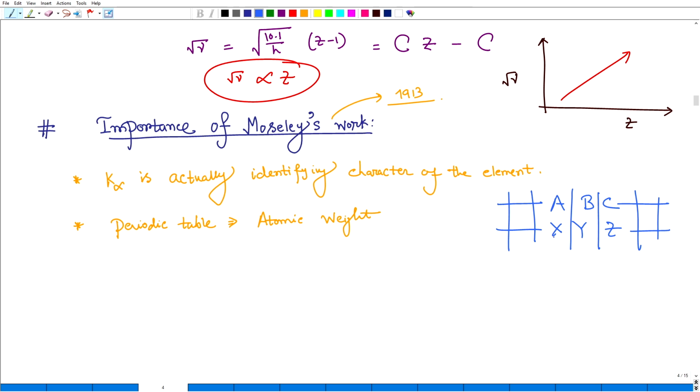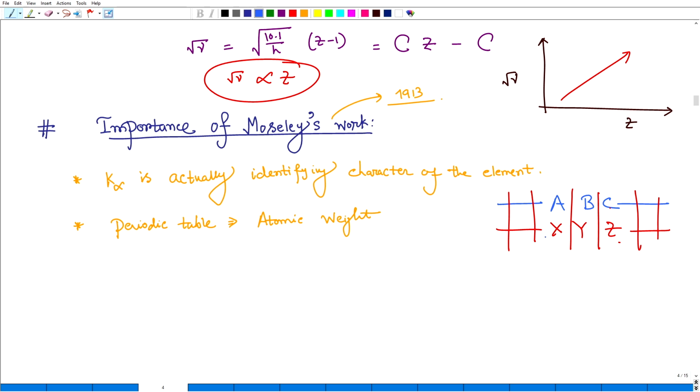So a and x should have the same character, b and y should have the same character, c and z should have the same character, because the periodic table claims that the elements in the same column will have the same character. But you can see that y and c, in some cases this is observed, have the same character.